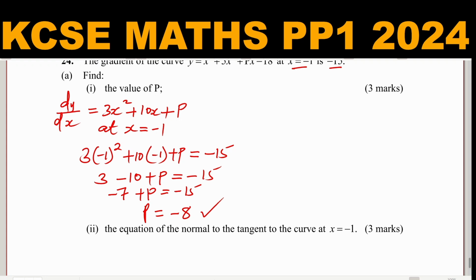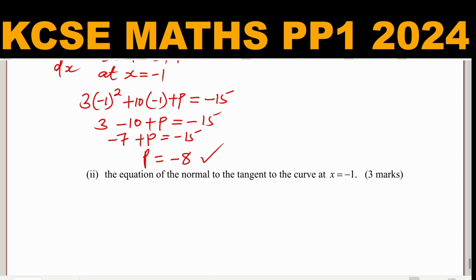Part B, the equation of the normal to the tangent to the curve at x equals -1. One thing you're supposed to understand is that the normal is perpendicular to the tangent.